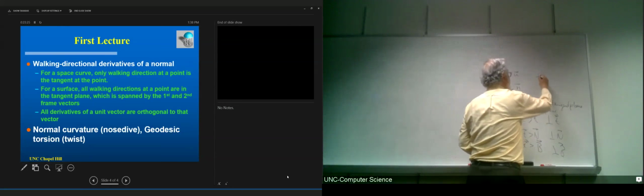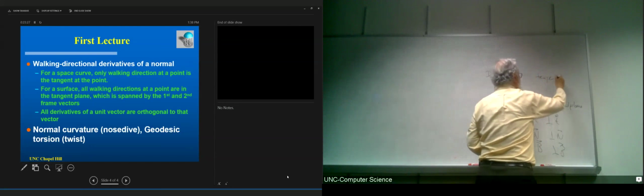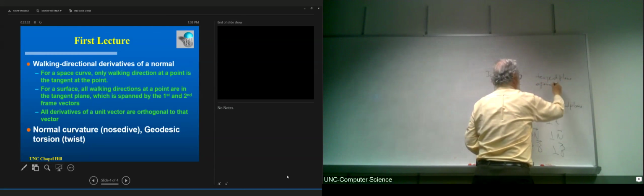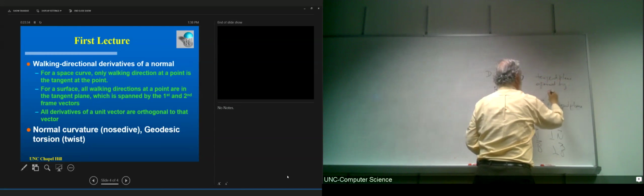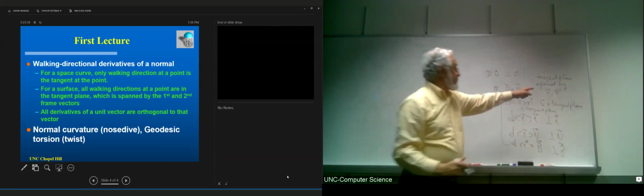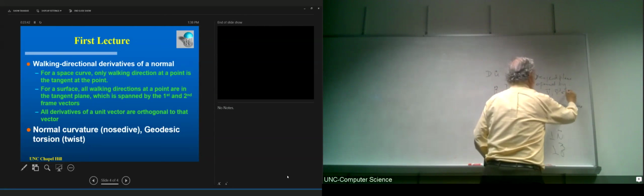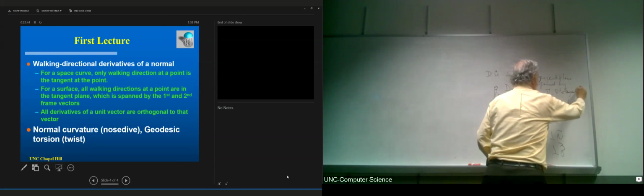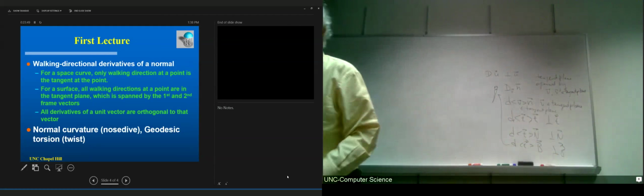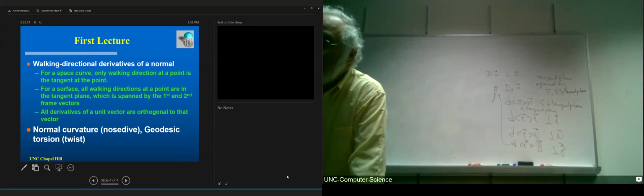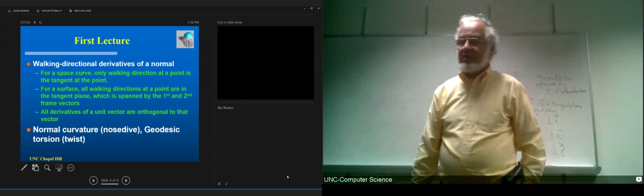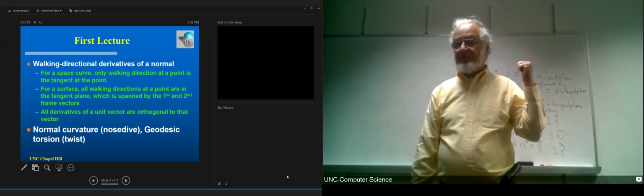the tangent plane is spanned by v and v perp, where both of those are in the tangent plane. Okay? And so we can write any vector that's in the tangent plane as a linear combination of v and v perp.